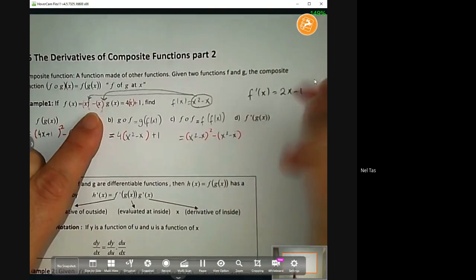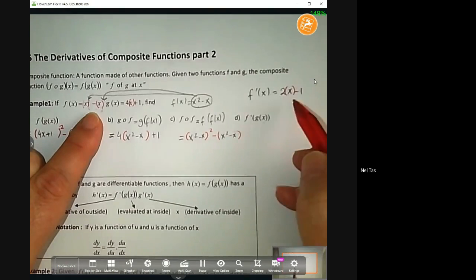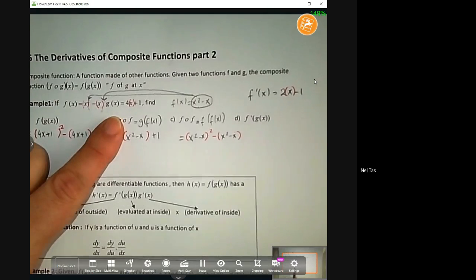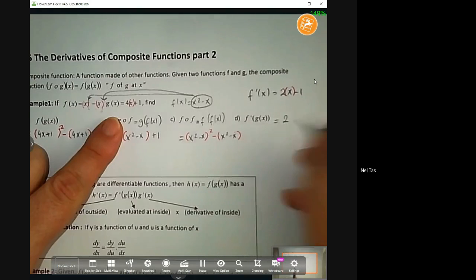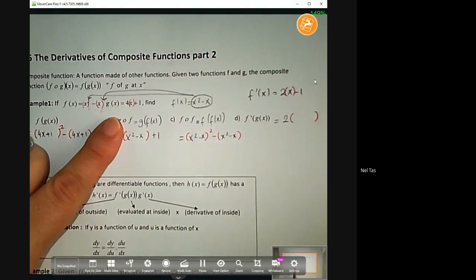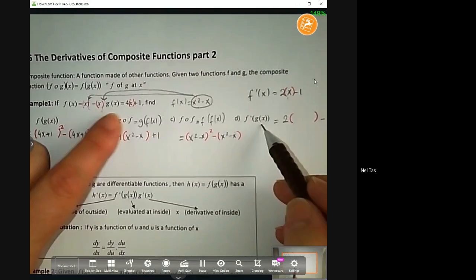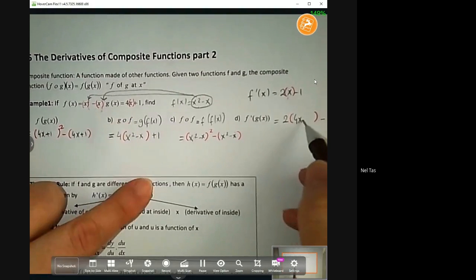So I'm going to replace the x values in f prime by g, which is 4x plus 1: 2 times the bracket for x, minus 1, replacing x by the g function, 4x plus 1.